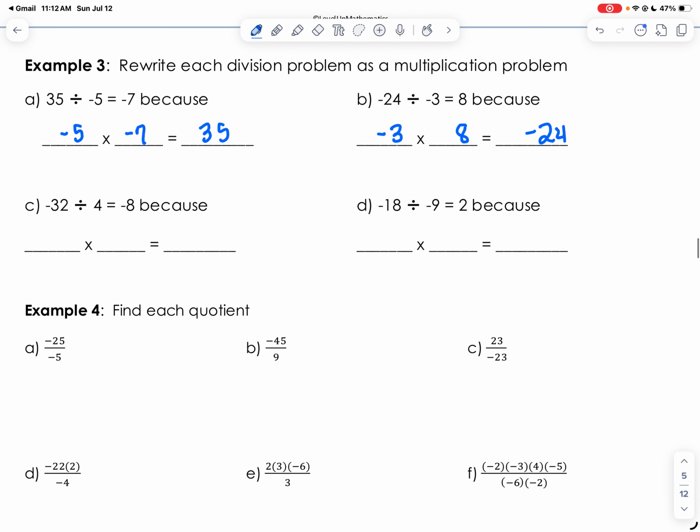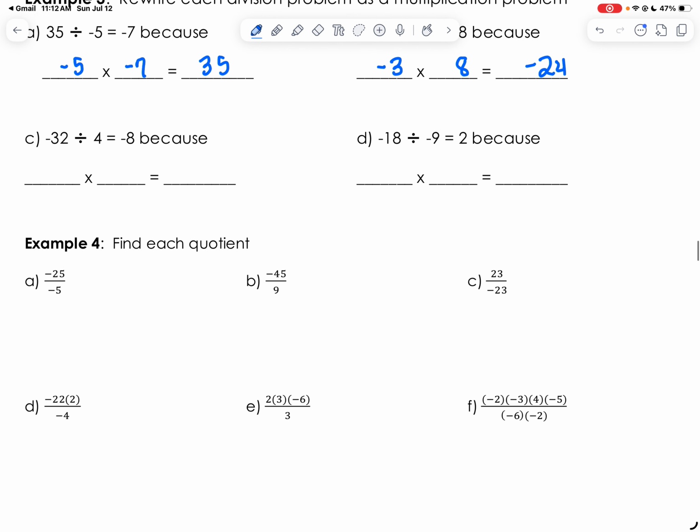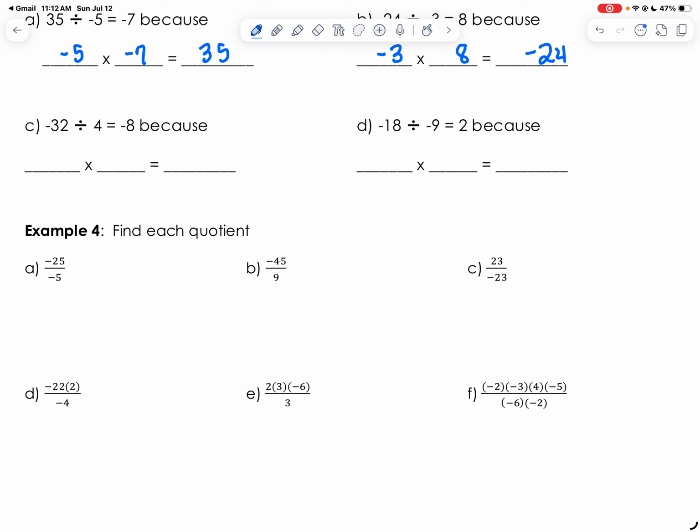All right, pause the video and try problems C and D on your own. All right, welcome back. On problem C, -32 divided by 4 is equal to -8 because 4 times -8 is equal to -32. D, -18 divided by -9 is 2 because -9 times +2 is equal to -18.